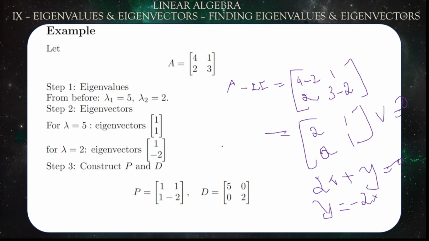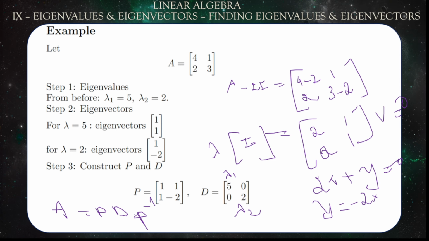D is big lambda, meaning that the first solution is multiplied by the first row, the second solution by the second row, which is 5, 0, correct? 5, 0, and 0, 2. This is lambda 1 here, and this is lambda 2. Okay, so A is equal to P times D times P minus 1.